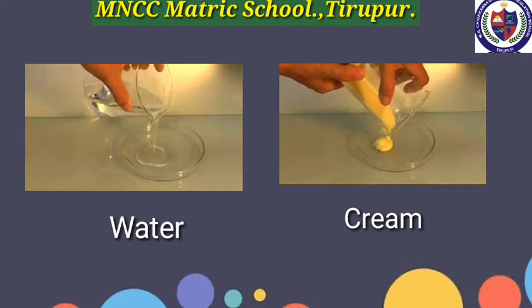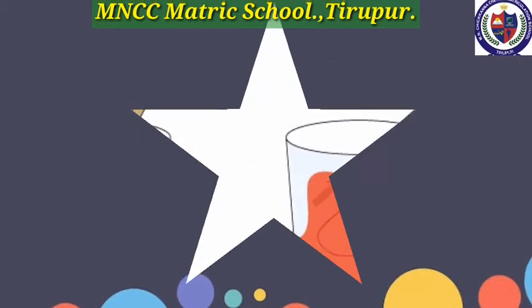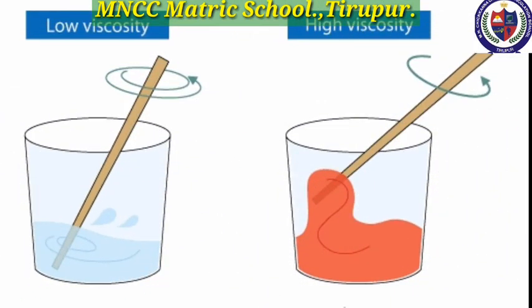The reason is that between the layers of each liquid in motion, there is a frictional force parallel to the layers of the liquid. This frictional force opposes the motion of the liquid layers while they are in motion. So the water has low viscosity and the cream has high viscosity.